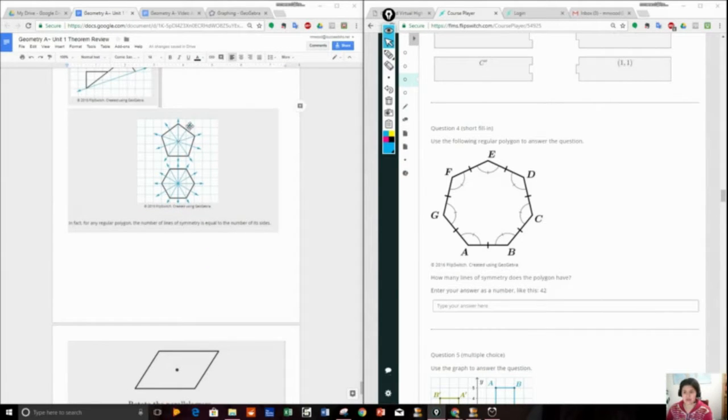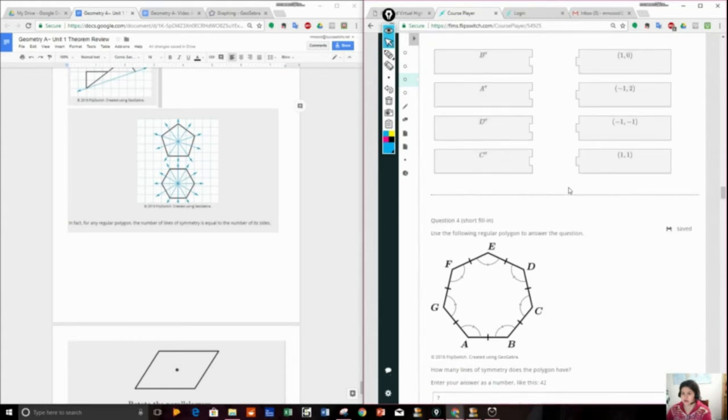And I'm noticing a regular polygon right here with a lot of lines of symmetry through it, and it says, in fact, for any regular polygon, the number of lines of symmetry is equal to the number of sides it has. Okay, so let's count the sides. There's 1, 2, 3, 4, 5, 6, 7. So there are 7 lines of symmetry since this is a regular polygon.